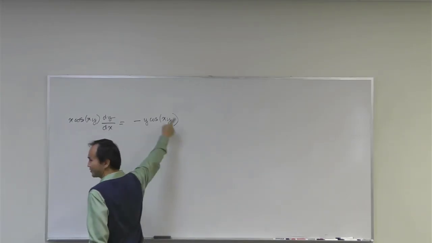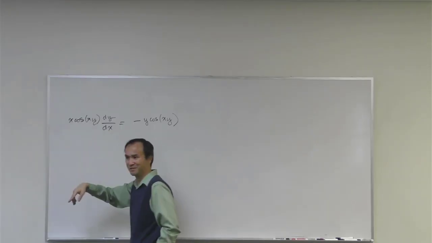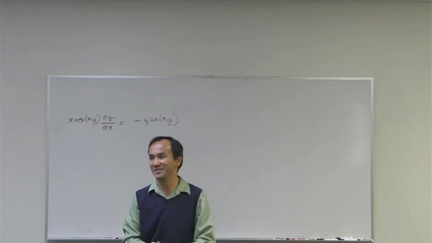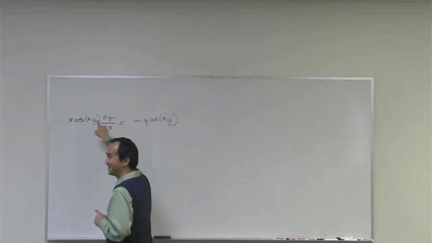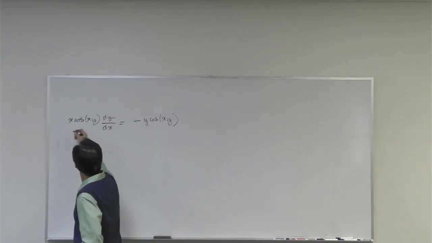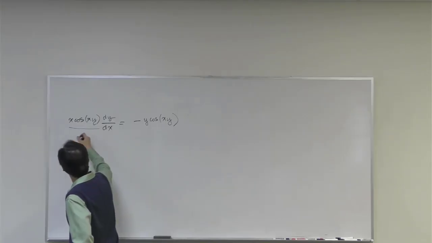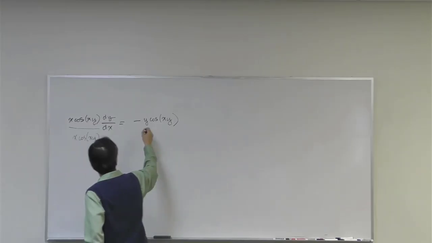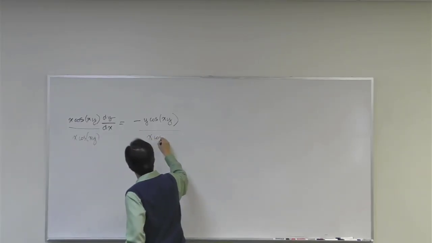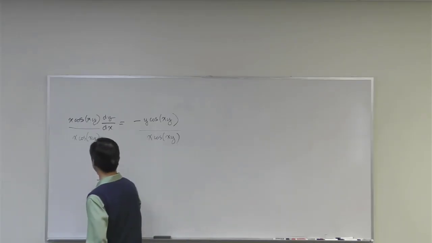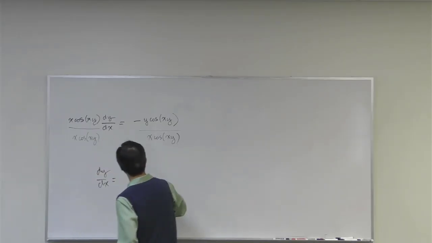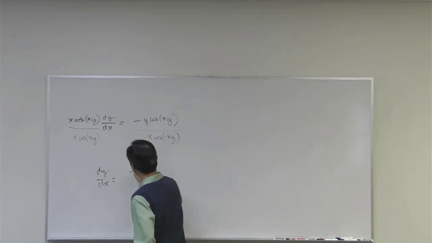I could have just canceled the cosine away from the earlier step, but it's still going to get us to the same answer. I didn't cancel that earlier, so now I can cancel it here. I could have done that the other way around, multiplying both sides by x, and we're solving for dy/dx here. So in this expression right here, let's just run it one more time.